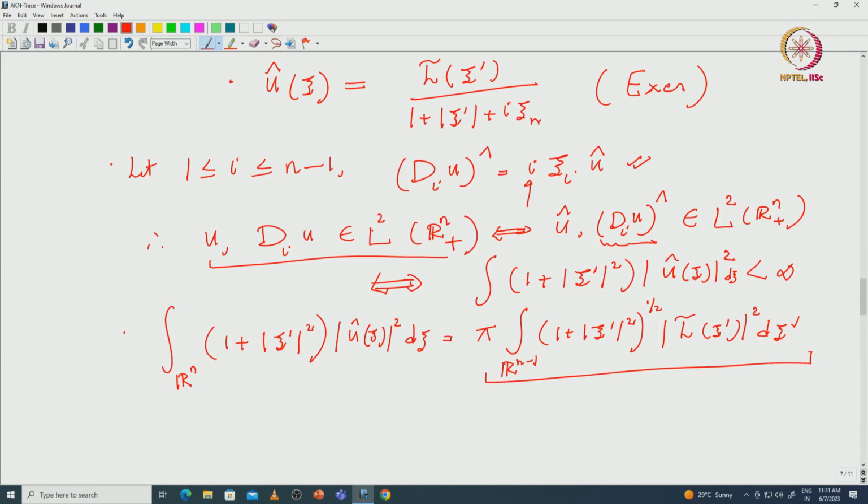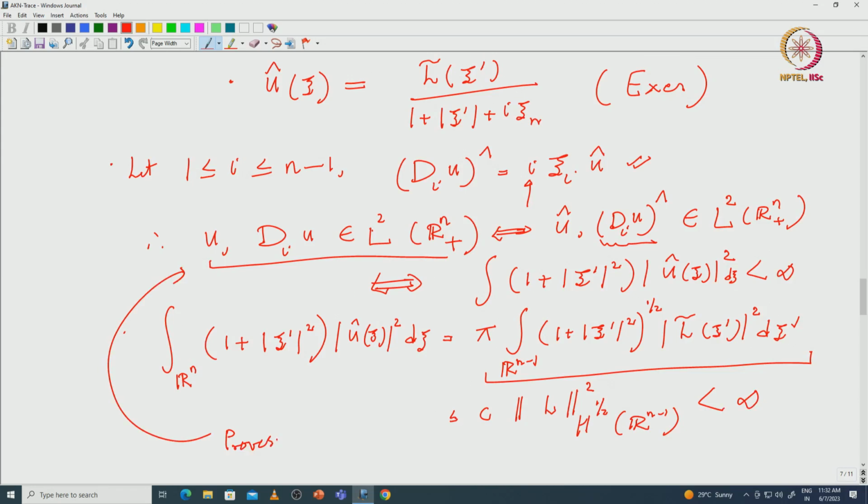This is nothing but some constant pi times your h tilde in H half of Rn minus 1, squared, and this is given to be finite, so this is finite. So this proves that.